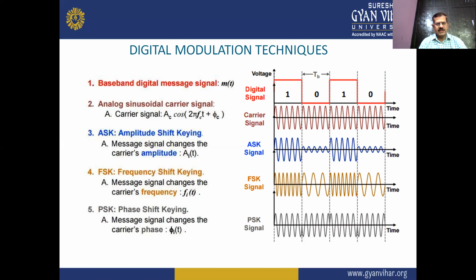The next one is PSK, phase shift keying. In PSK, a message signal changes the carrier's phase shift, phi 1(t). In this waveform diagram of the PSK signal, the carrier phase is changed, but the amplitude and frequency do not change.